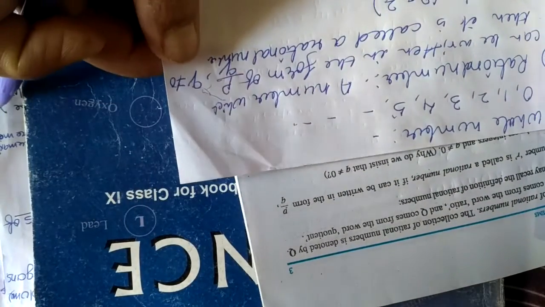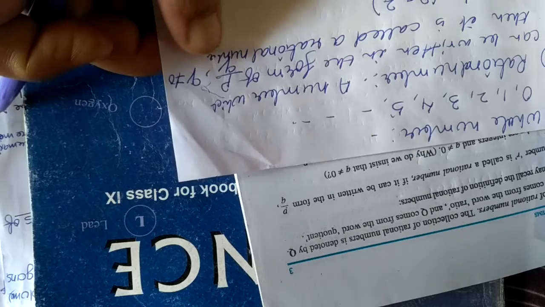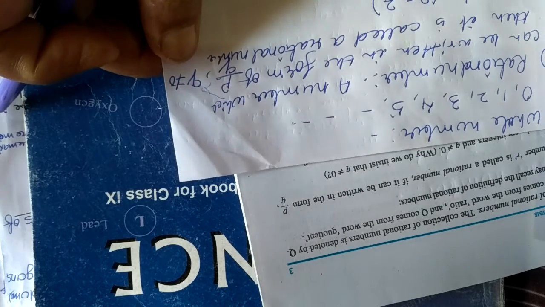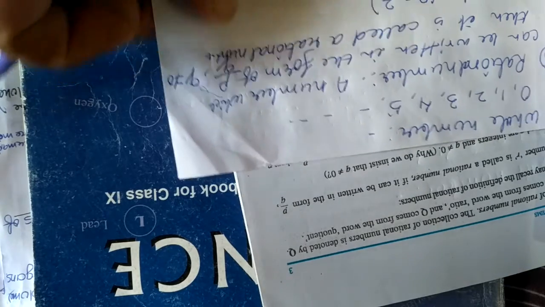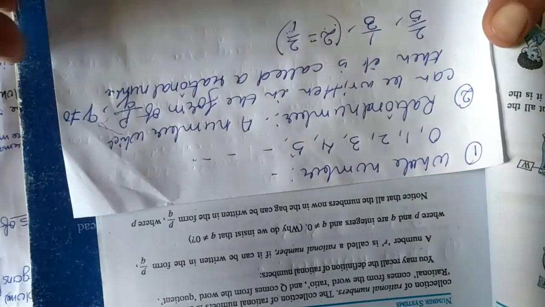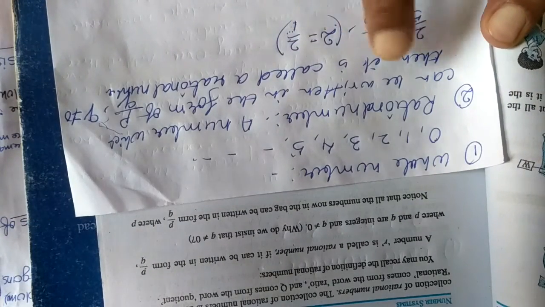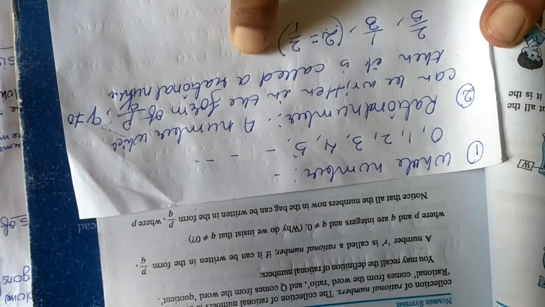That is why we write the condition that q is not equal to 0, meaning in the denominator there will be no 0. In this sense we have to define the rational number.